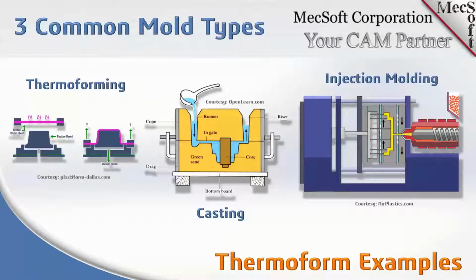So in the middle, we move from thermoforming to casting. Now in casting, you need to machine a blank in order to create the cavities. It's kind of a different way of doing it than injection molding, where you're just shooting plastic into a core and cavity. In casting, you are actually molding the cavities from a blank.